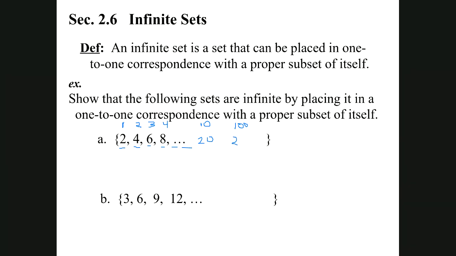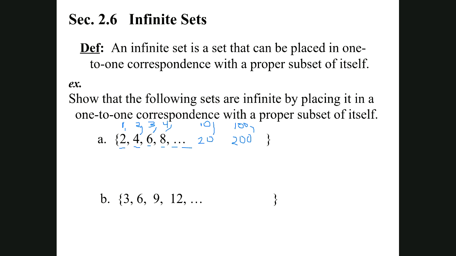You don't have to write it all out. Fifth term is 10, sixth term is 12, seventh term is 14. It's always times 2: 1 times 2, 2 times 2, 3 times 2, 4 times 2, 10 times 2, 100 times 2. So we know what every term is.